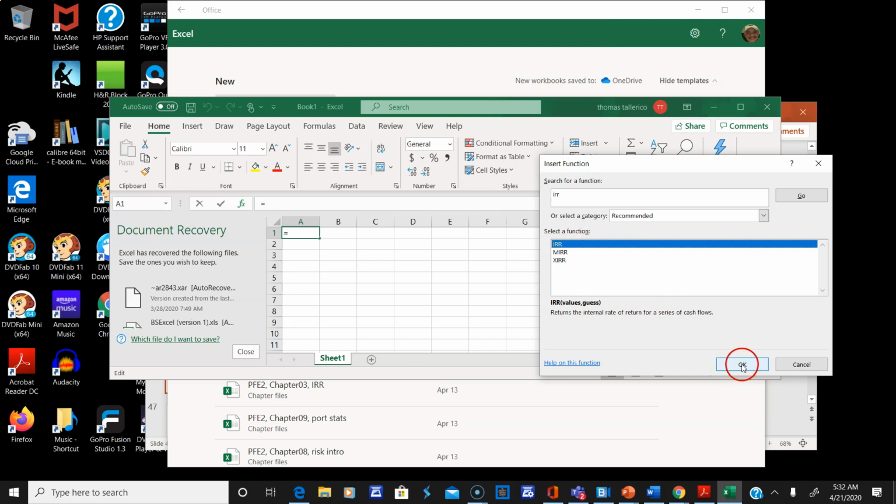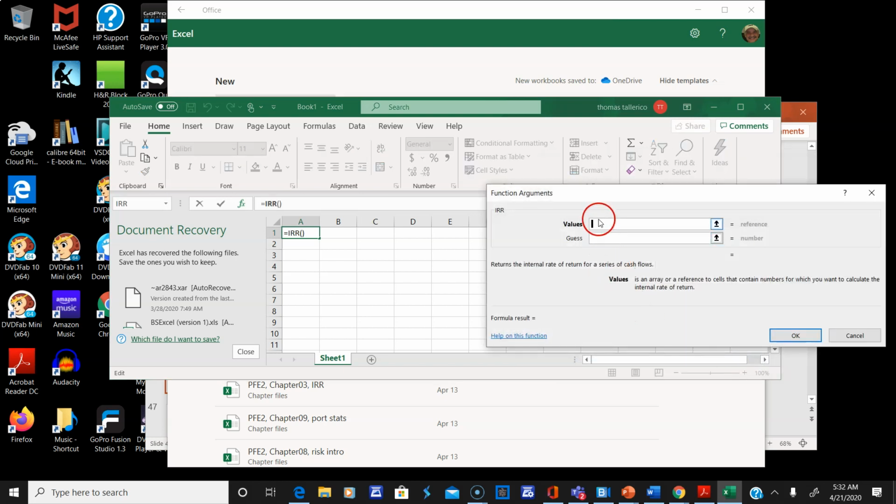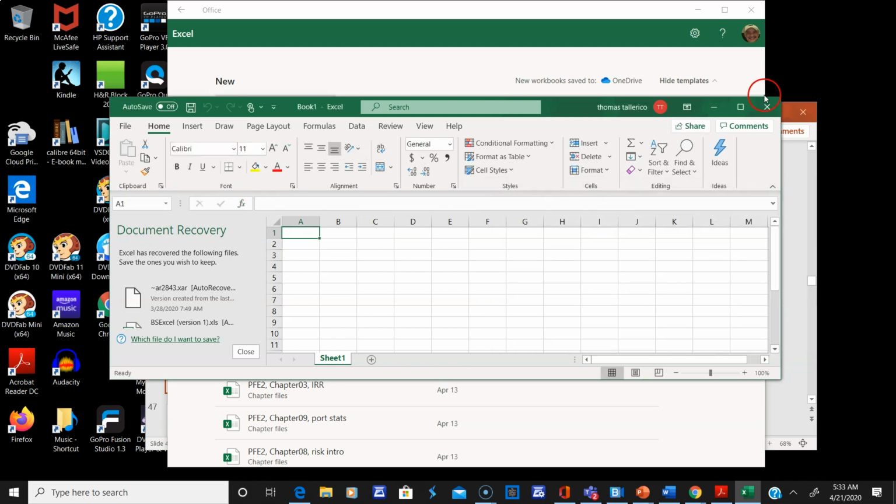So if I click on that, all you got to do is put the cash flows in here. You could put the cell numbers too, a series of cell numbers. So you would really use this for Microsoft Excel. Use this for internal rate of return. It's much easier than doing a calculation. All right, I just wanted you to see that.